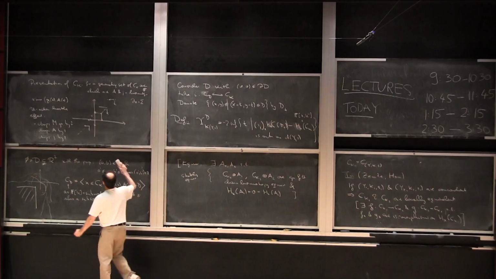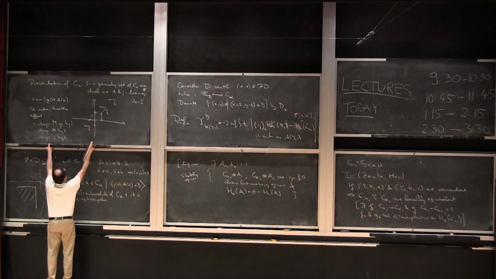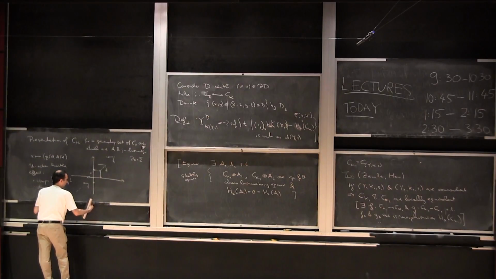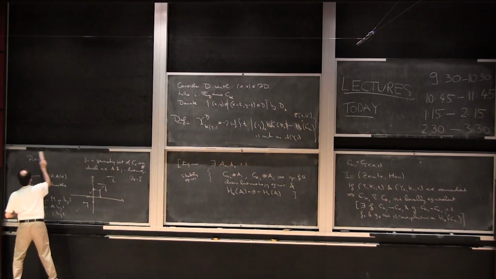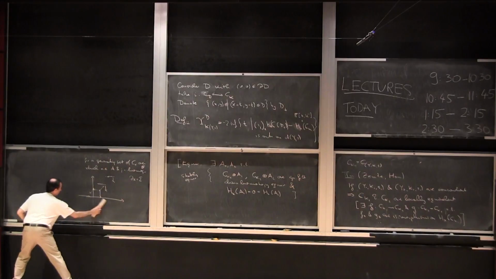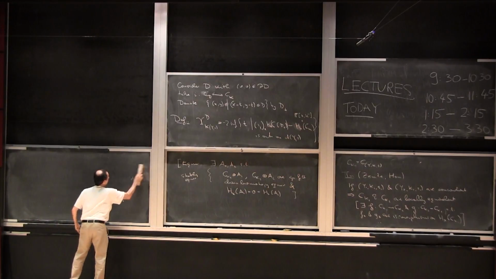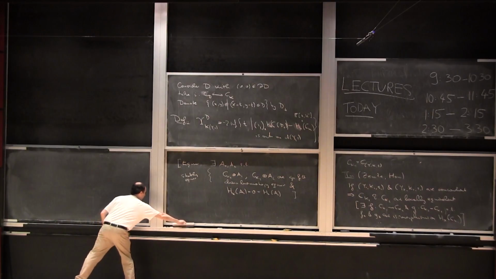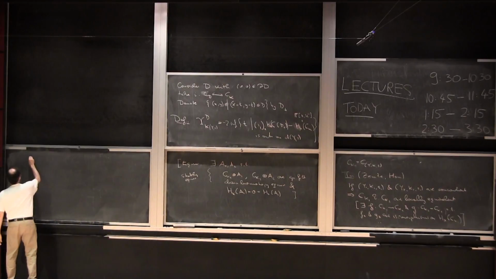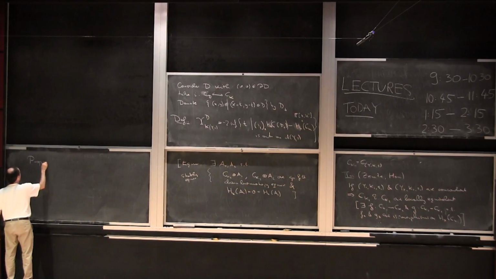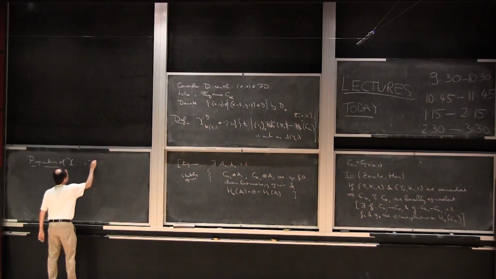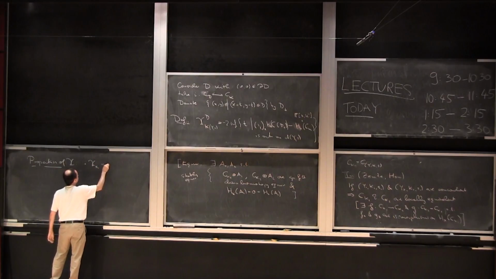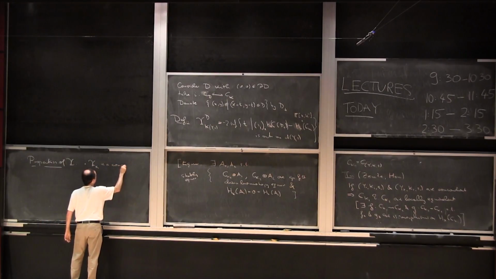So let me just list a few properties of this Upsilon. The first is that epsilon_K is a concordance invariant.